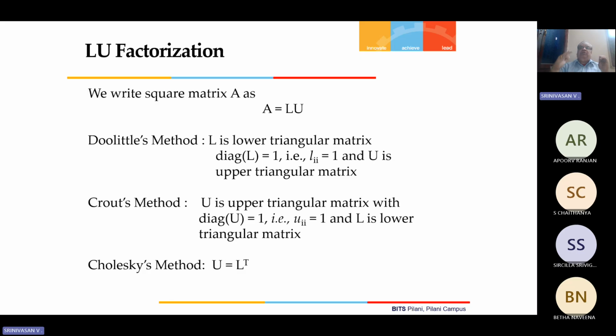Zeros must be there above the principal diagonal. But there is one condition here for Doolittle's method: the principal diagonal elements are not just some values. They are 1 each. And U is any upper triangular matrix. What is an upper triangular matrix?